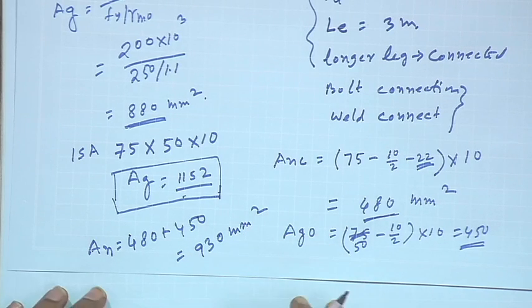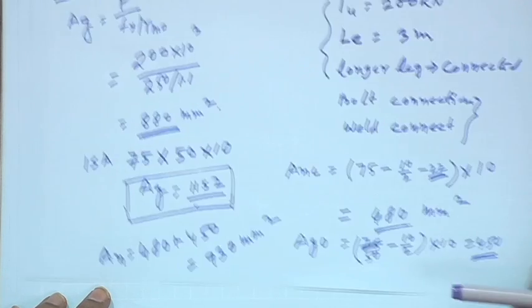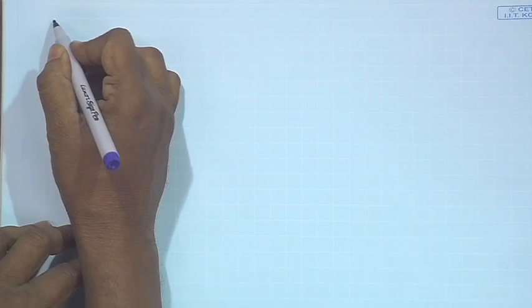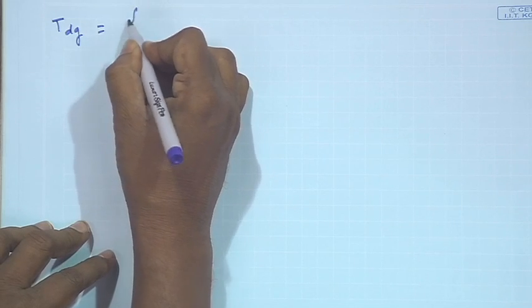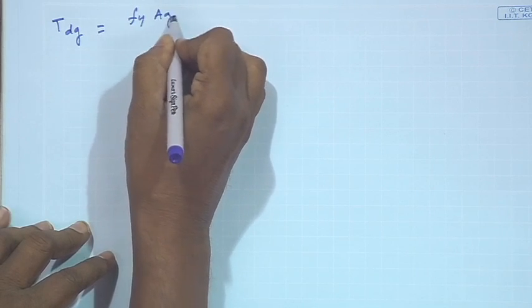So, these are a few properties of the angle sections which we have to keep in mind for calculation of the strength. Now, we can go for Tdg, calculation of Tdg. Tdg we know is Fy into Ag by gamma m0.